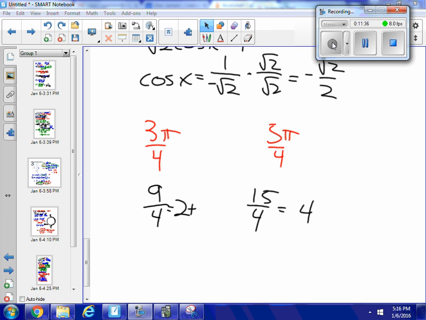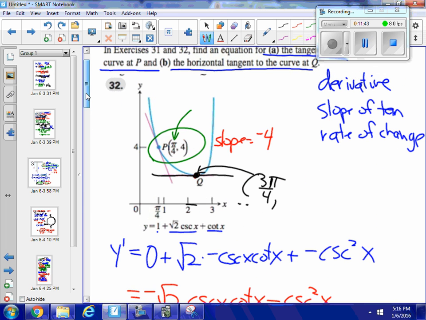So if x is equal to 3 pi over 4, I need to know what the y value is here. What is this y value right there? Well, that's on my equation. The equation is that right there. So I'm just going to substitute in 3 pi over 4.